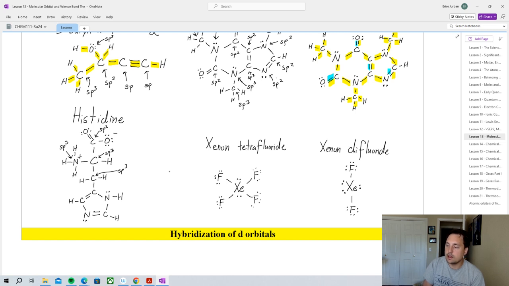And then down in this ring system, you can see a variety of sp2 and one sp3 nitrogen. But again, for the concept of resonance, all of these are actually going to be sp2. So let's just say sp2 for all down here.